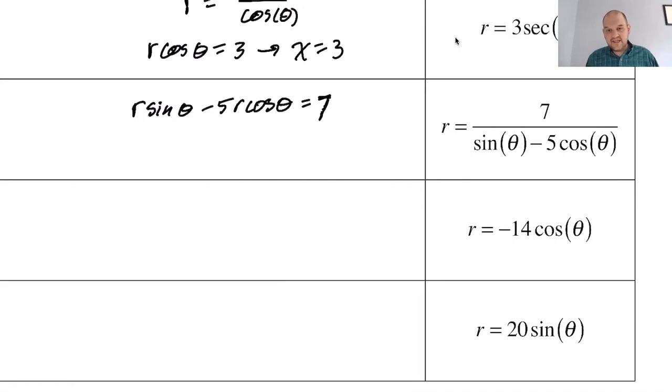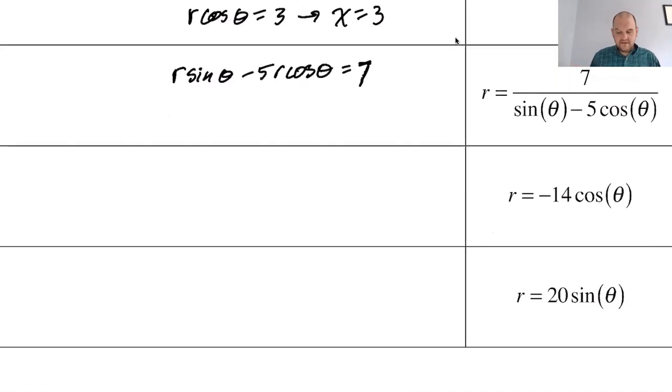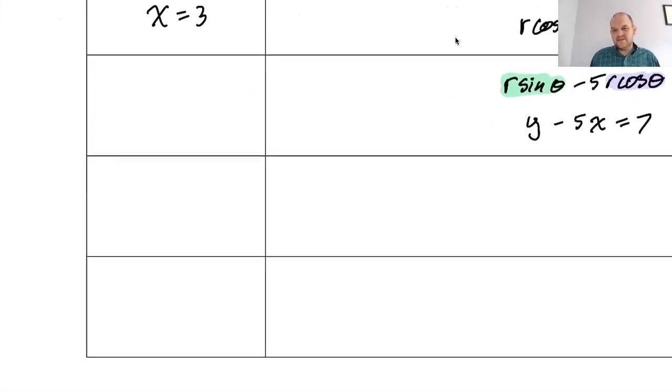I'm just guessing that this is going to end up being that kind of thing. And if I look at it, r sine is y, minus 5, r cosine is x, and then it equals 7. So I'm going to rearrange that and say 7 plus 5x, or 5x plus 7, but either way, it's done.